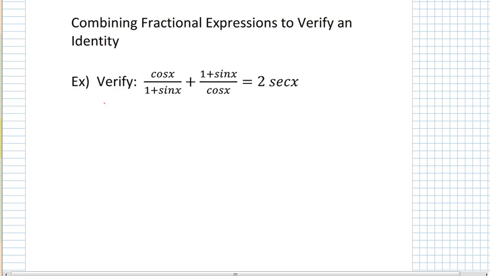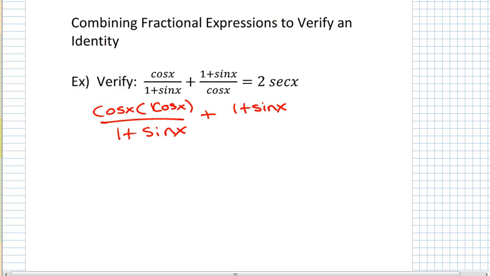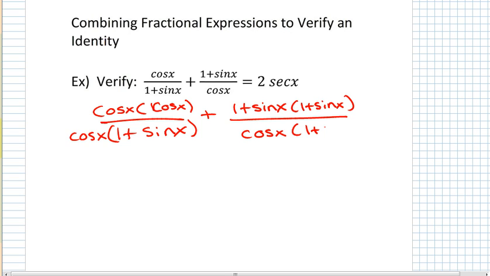So to get the common denominator, we have to multiply this side by cosine of x, and this side by 1 plus the sine of x, and we have our common denominator.